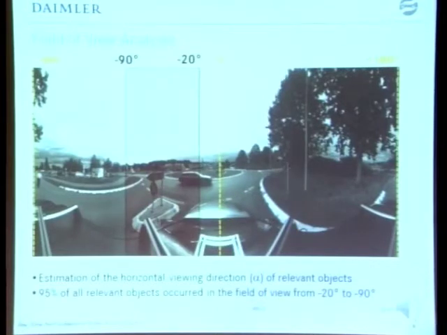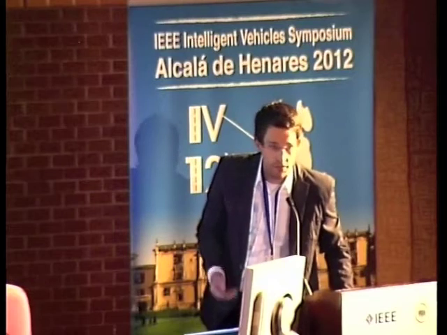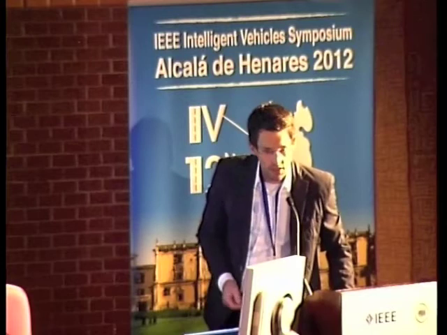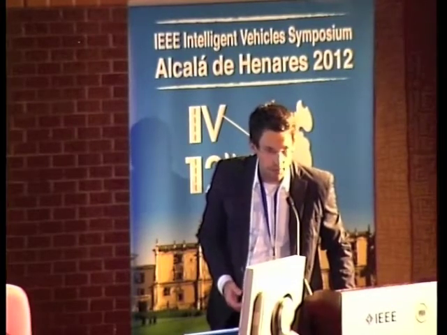About 95% of all relevant objects occurred between -90 and -20 degrees, and this area should be observed for our task to observe oncoming cars on roundabouts.